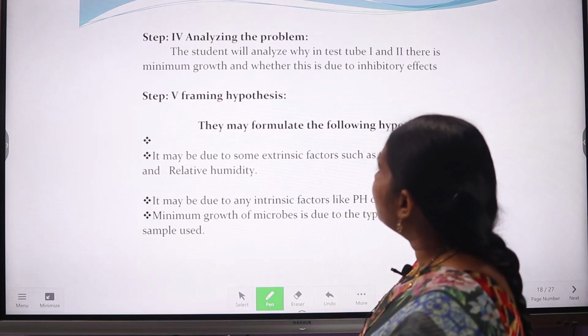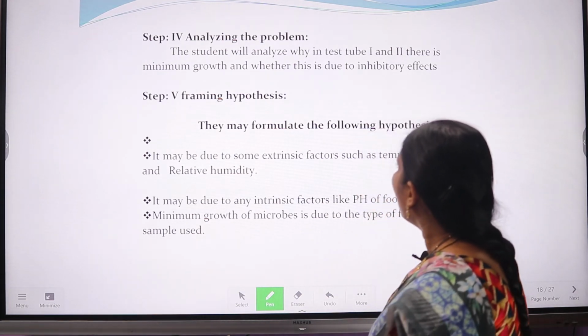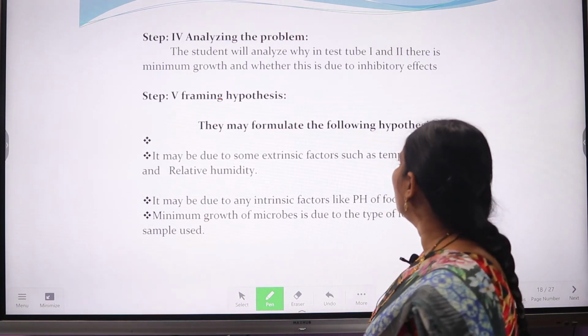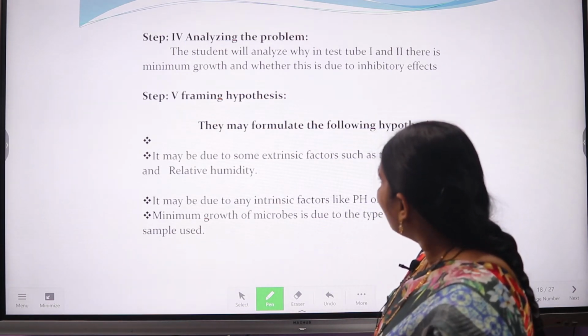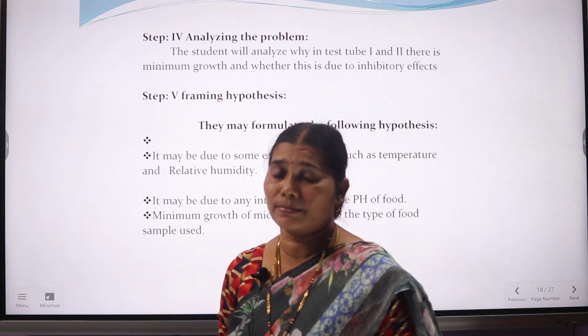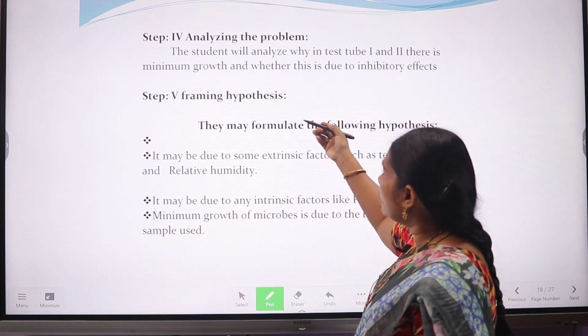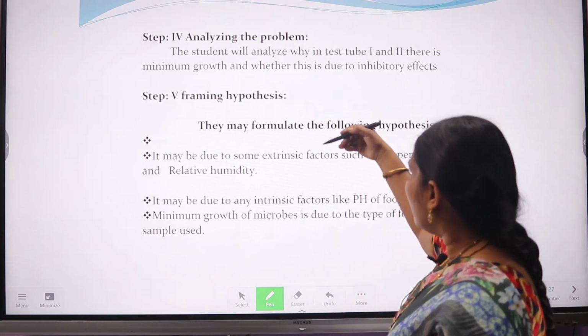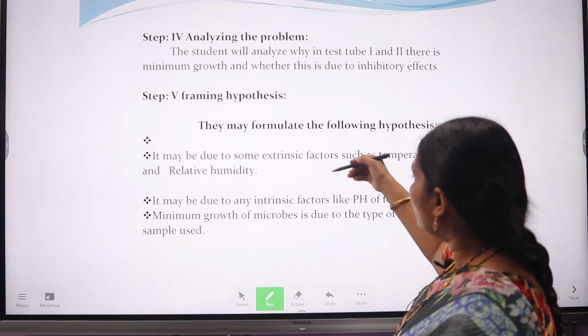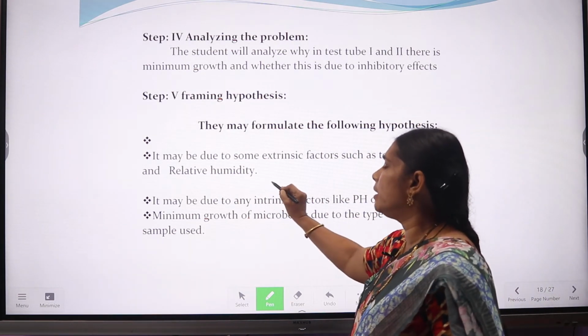In the next step they analyze the problem. The student will analyze why in test tubes 1 and 2 there is minimum growth and whether this is due to inhibitory effects. Then they frame the hypothesis: it may be due to extrinsic factors such as temperature and relative humidity.